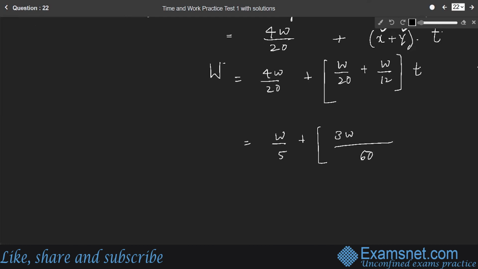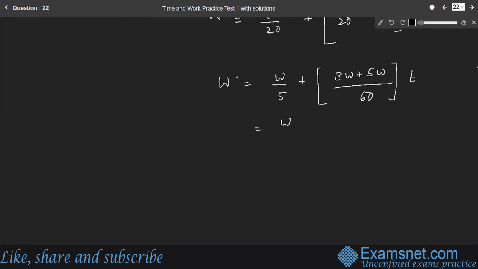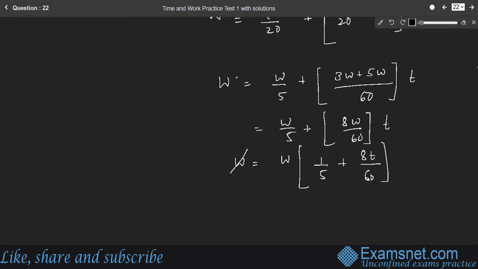So the numerator becomes 3W plus 5W into T is the total work. So W by 5 plus 8W by 60 into time. We can take W common, so 1 by 5 plus 8T by 60 is equal to 1, and W and W cancel.